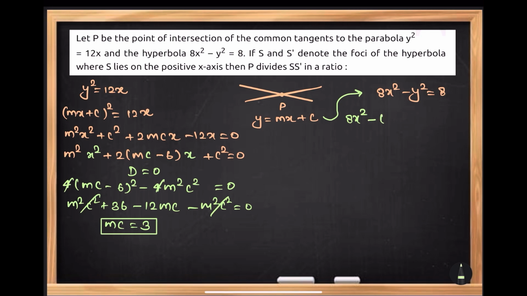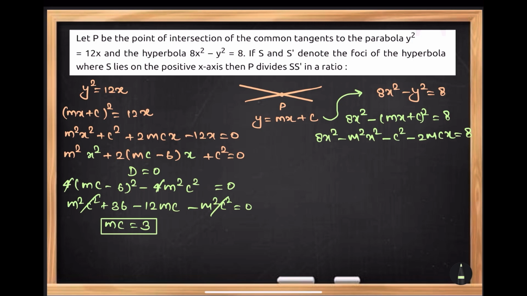8x square minus (mx plus c) whole square equals 8. Now expand this one. So we will have 8x square minus m square x square minus c square minus 2mcx equals 8.